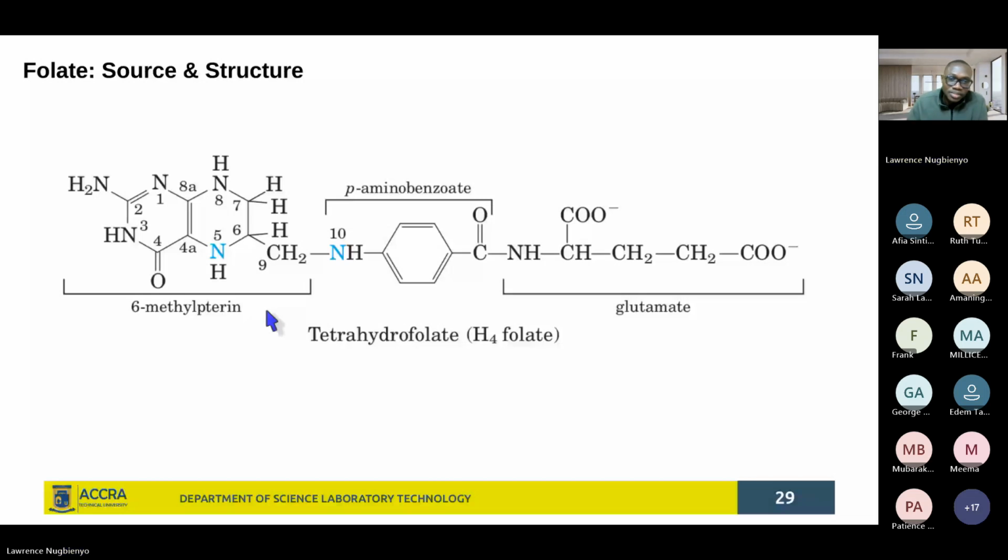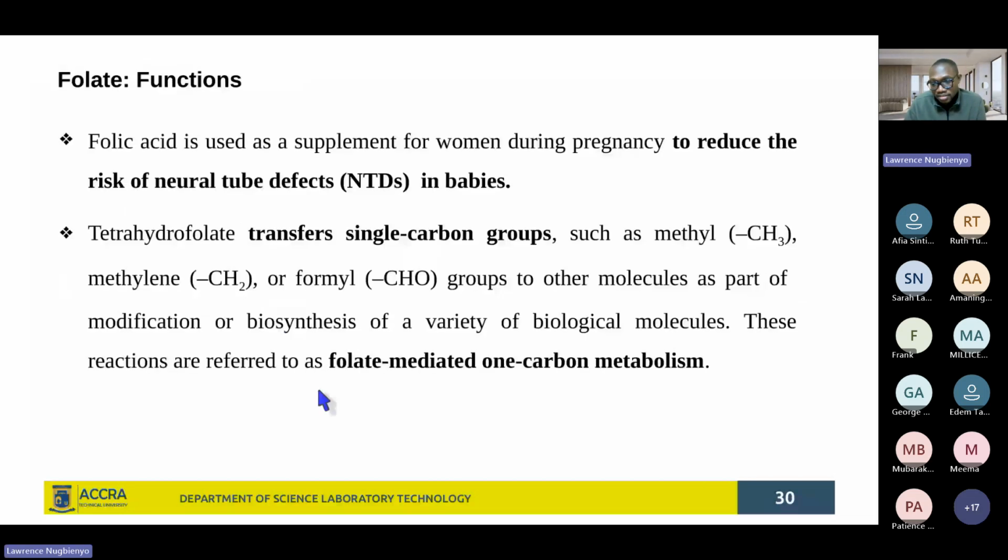Now, I mentioned that folic acid is usually prescribed to pregnant women because it's involved in lots of proliferation reactions in development.